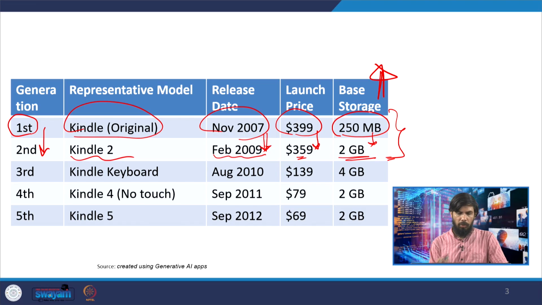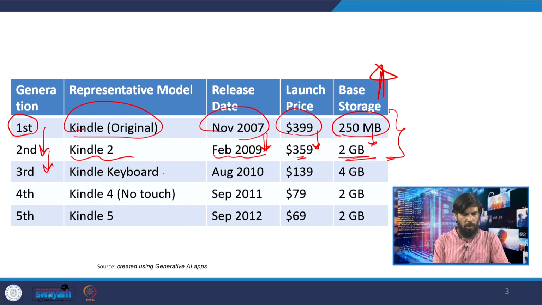And even the customers that were the original customers for Kindle 1, once the life of their Kindle is over, will also be looking to switch to a latest Kindle version.